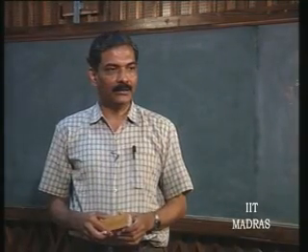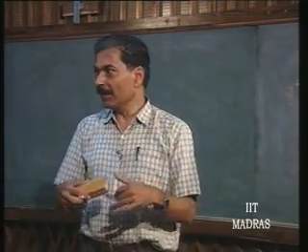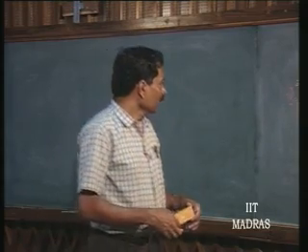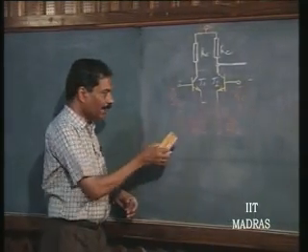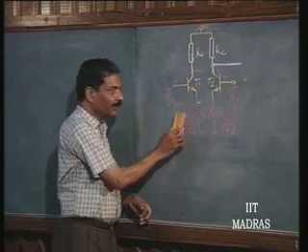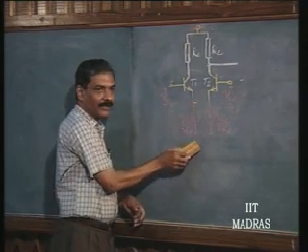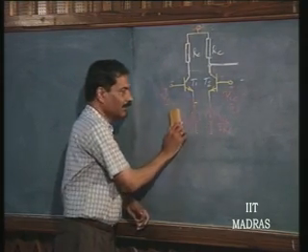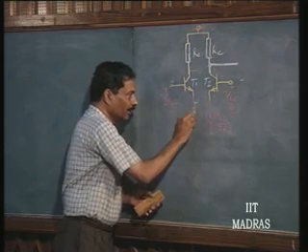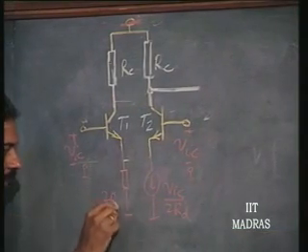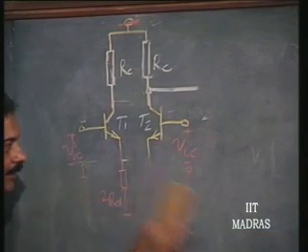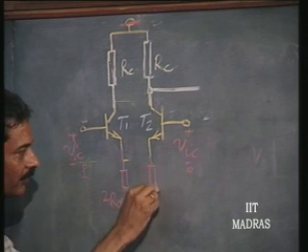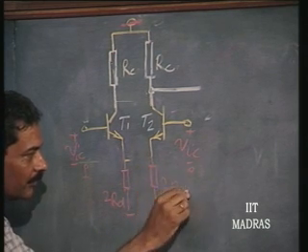Is this point clear? So, for the common mode operation, I can have the circuit split up. VIC by 2 RD is equivalent to this: VIC is the drop across the current source and VIC by 2 RD is the current through it. That means, it is equivalent to a resistance of 2 RD, and this also is a resistance of 2 RD.